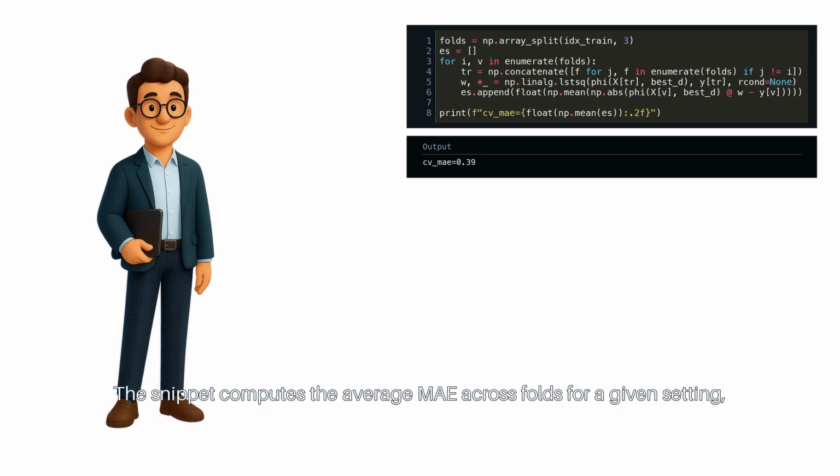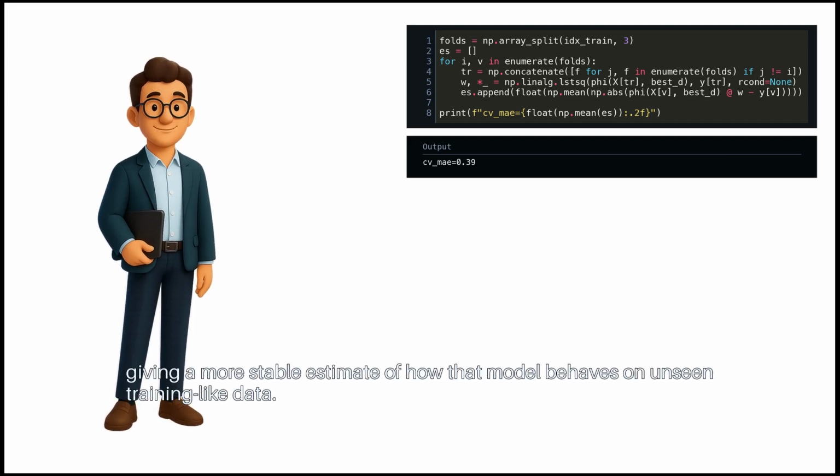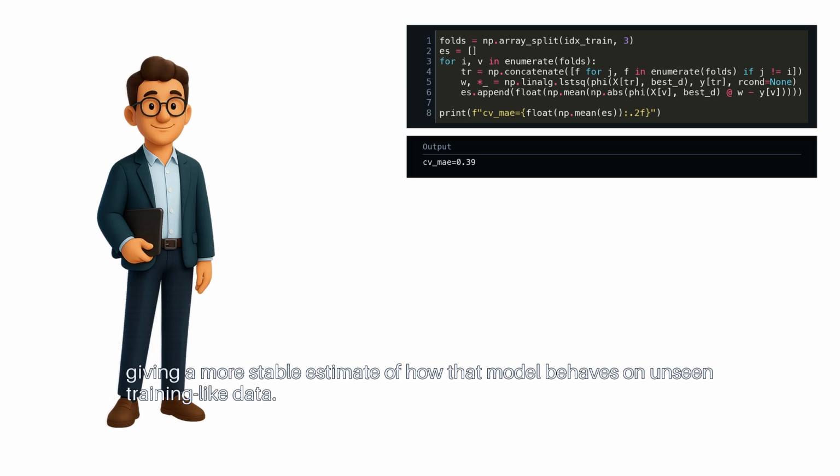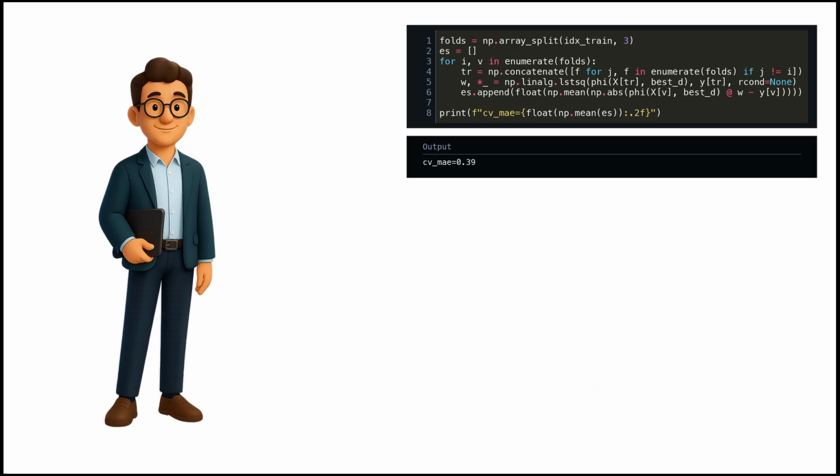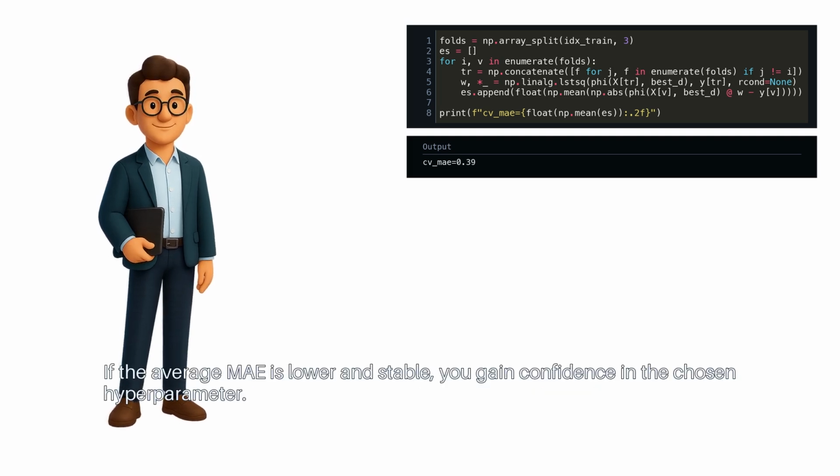The snippet computes the average MAE across folds for a given setting, giving a more stable estimate of how that model behaves on unseen training-like data. Using three folds reduces variance in the error estimate, but costs more compute. If the average MAE is lower and stable, you gain confidence in the chosen hyperparameter.